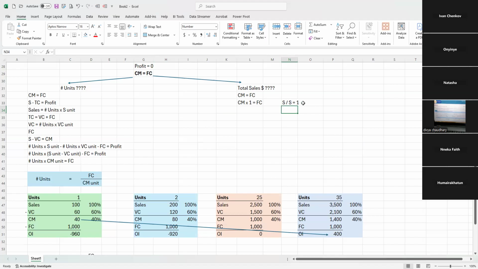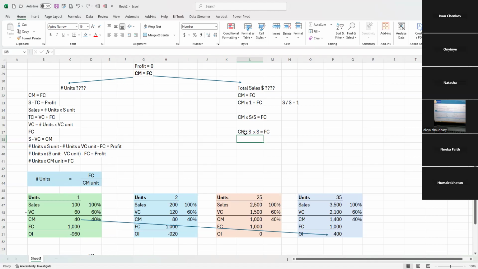So if I substitute this 1 in the formula with sales divided by sales, am I changing the formula? No. So I can say contribution margin times sales divided by sales equals the fixed cost, and I'm exactly at this point, correct? So contribution margin divided by sales times sales should be equal to the fixed cost.